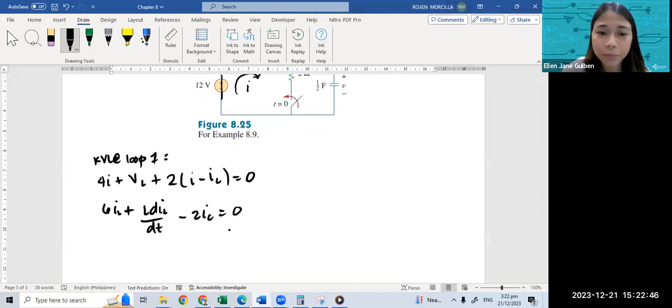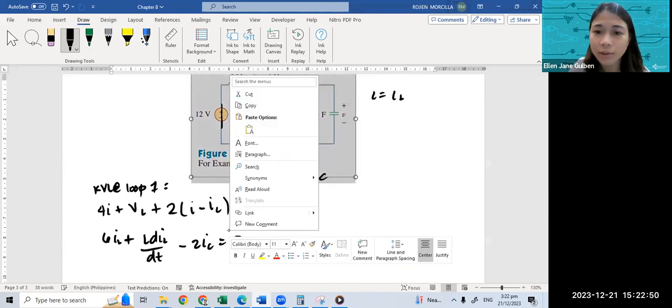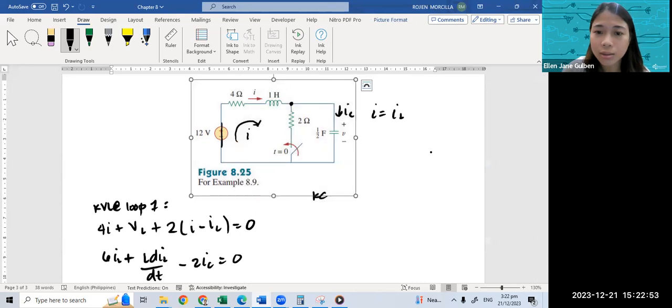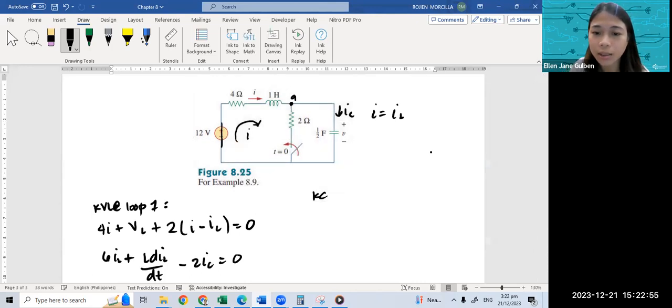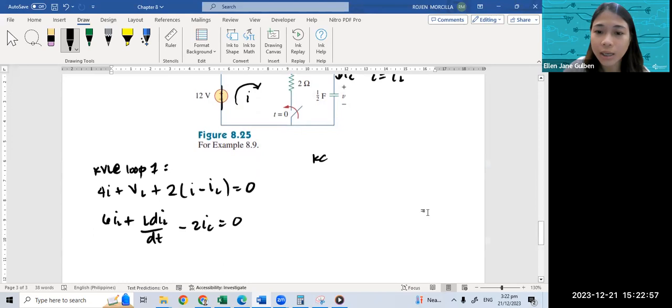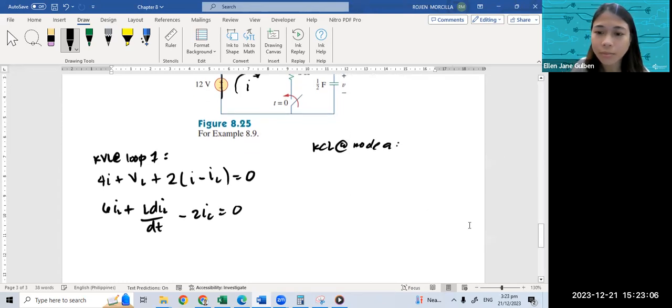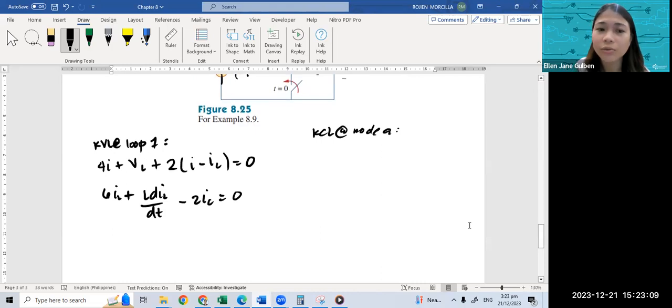So again, we have KCL at node A. Let's write node A. KCL at node A. So usually for this type of circuit, what actually works is that you loop the other side and then you KCL on a node.